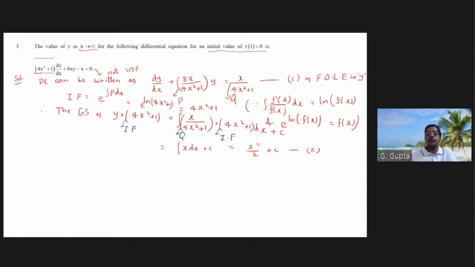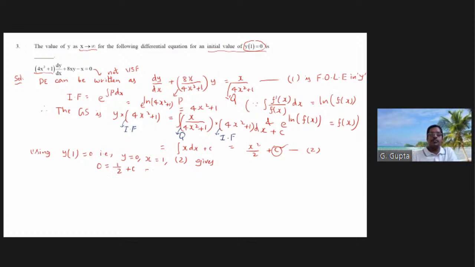Now we have to determine the constant c by using the given conditions. y value 0, x value 1, that is y of 1 equals 0. Using y of 1 is equal to 0, that is y is 0 when x is equal to 1, in equation 1, the general solution gives left side 0 into anything is 0, and the right side, x value 1, 1 by 2 plus c.